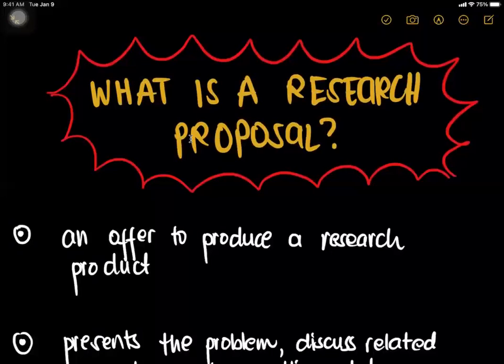It's like giving the benefactor, or the one who will finance your research, if that is your purpose, the idea on what your research is about, how you will conduct your research, who will be your respondents or your samples, and what is the main objective of your research study.